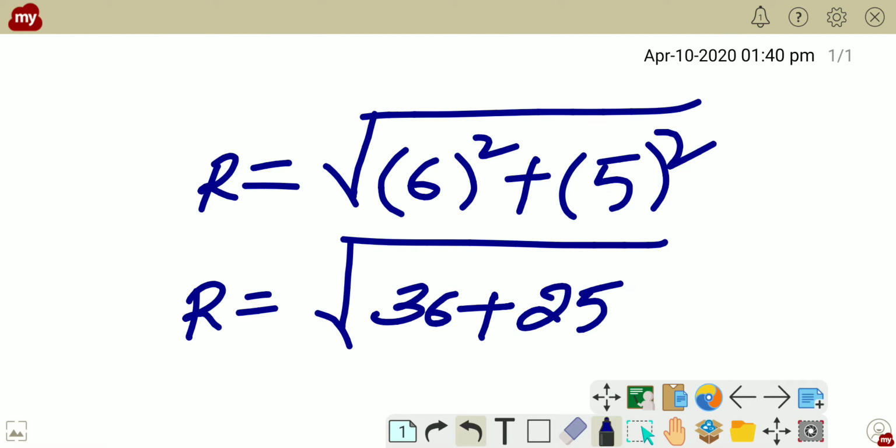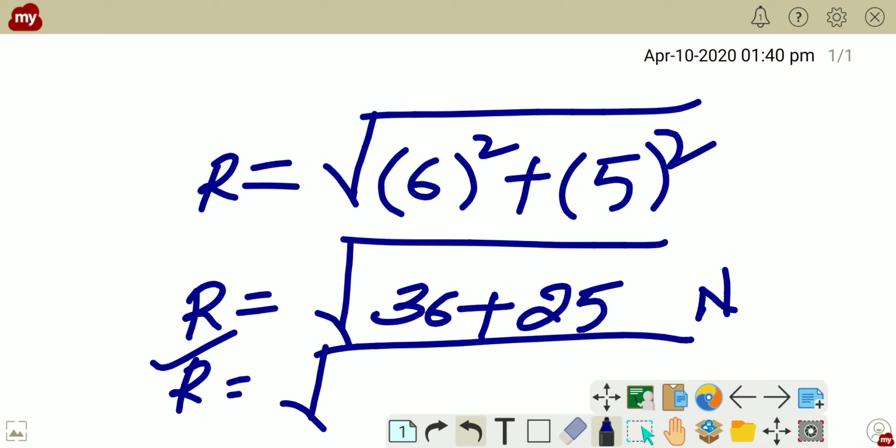And what is the unit of resultant? It is newtons. So resultant is also a force, since it is combining both the initial forces, 6 newtons and 5 newtons, with different directions. R will have another direction, at the same time it will have another magnitude, right? Clear. So R equals root over 36 plus 25. How much is it? 61. Root over 61.